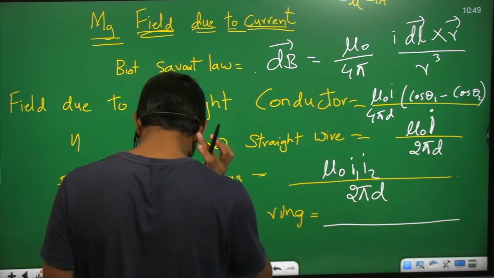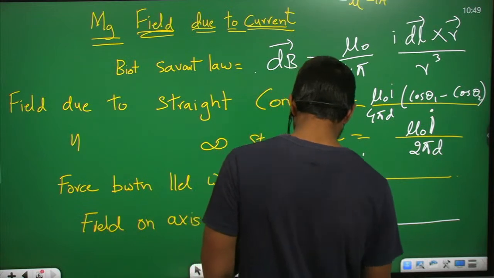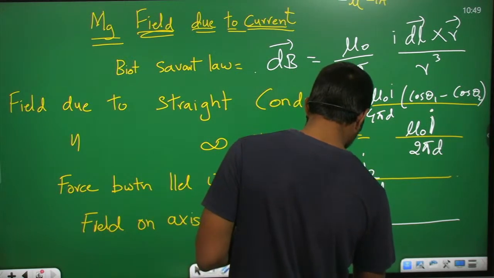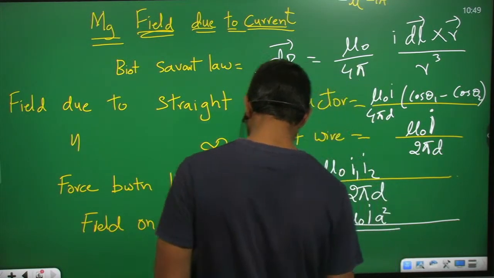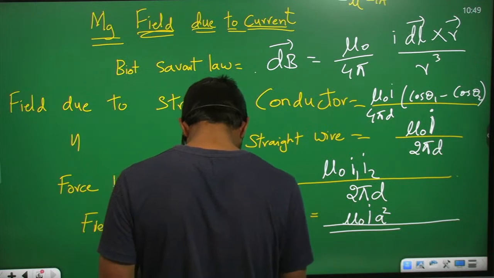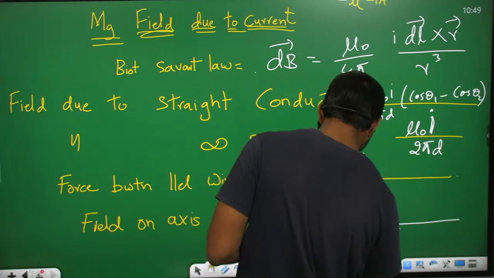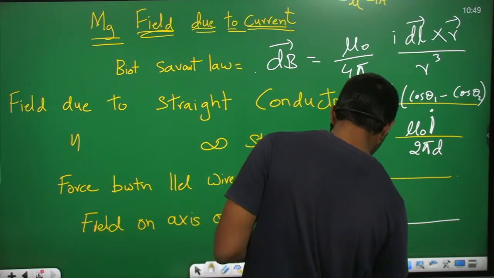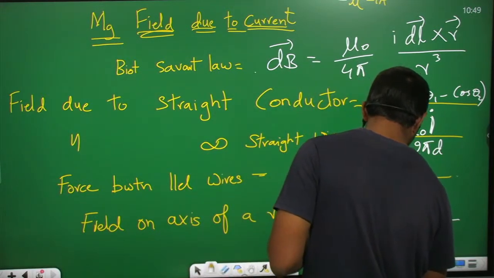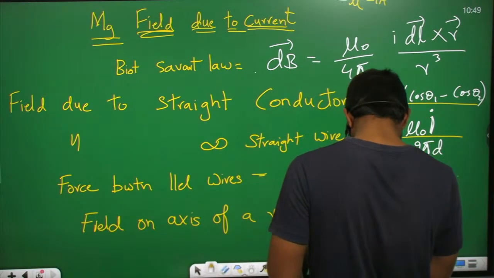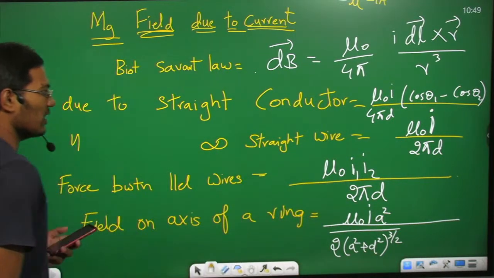Field on axis of ring: mu naught I a square by... Okay, hope you are okay with the notations.